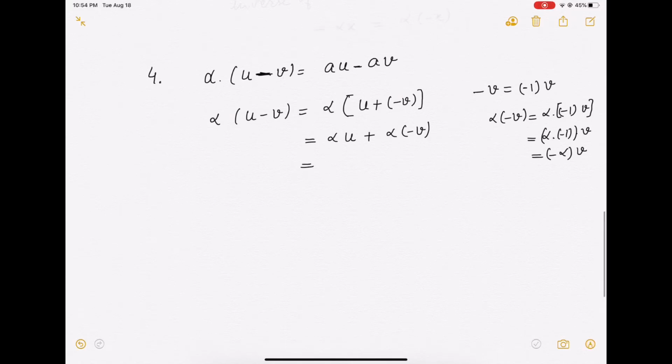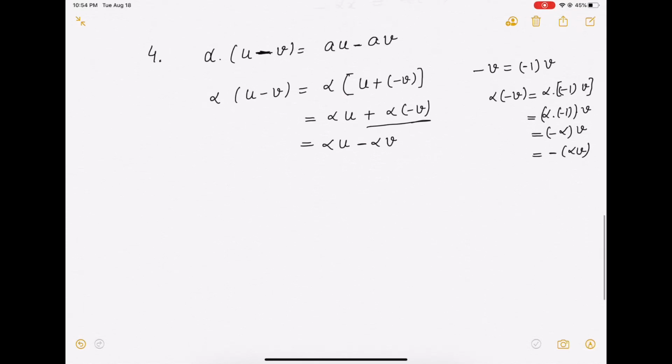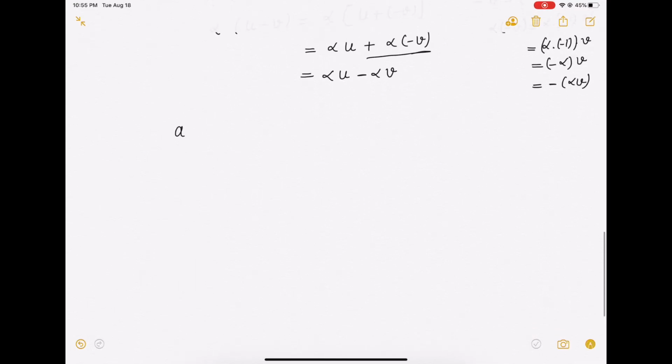So alpha u, or this may be written as minus alpha v here. So we easily obtain that when alpha is operated on u minus v, we get alpha u minus alpha v. So next property is alpha dot u equal to 0.